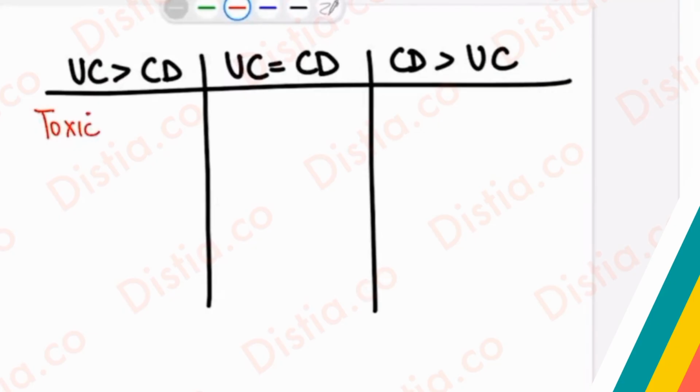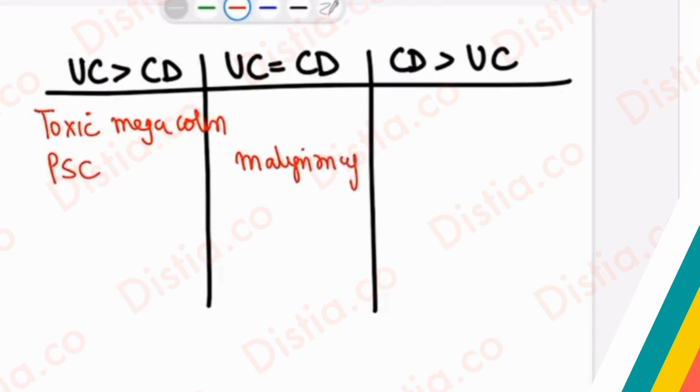Remember the fact that the incidence of toxic megacolon is more in ulcerative colitis than Crohn's. Primary sclerosing cholangitis follows suit. Equal incidence is for malignancy, which is also one of the leading causes of death of patients of inflammatory bowel disease. It's not infection, it is cancer that contributes to mortality.